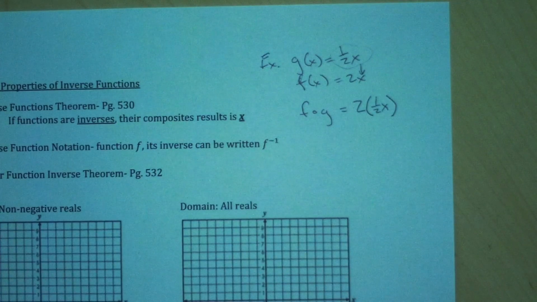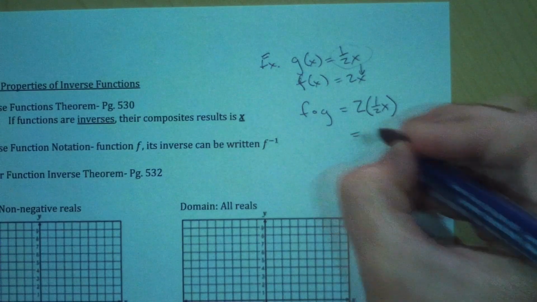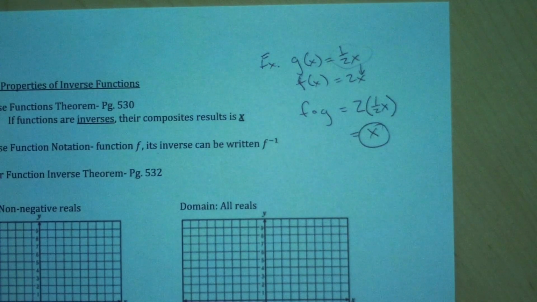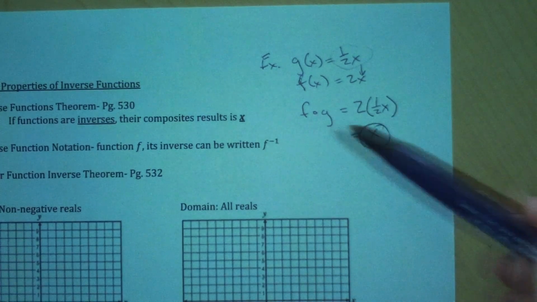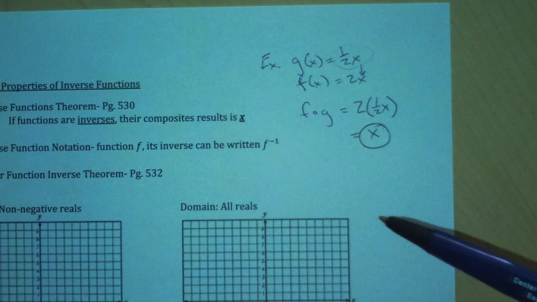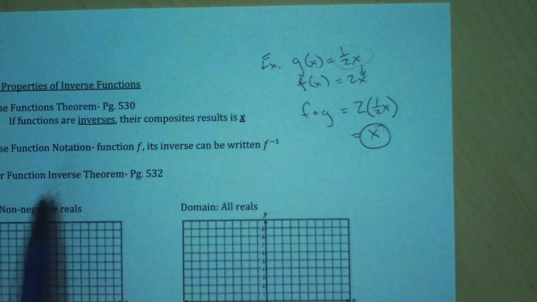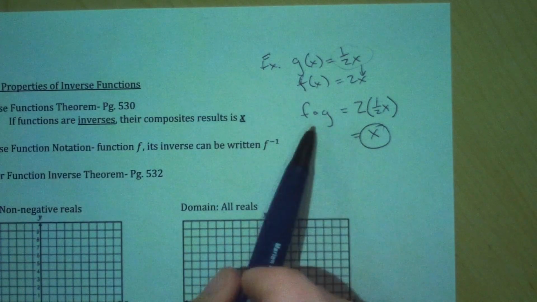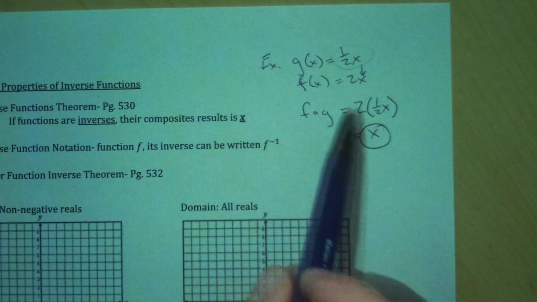So if it's 1 and it has an x, isn't that just x? Yeah, so if that kicks out an x when I do that fog-gof stuff, would those be inverses? They would be, right? Because that's what that's saying there. If you take those two values and do them as a composite, either the fog or the gof, and you simplify and it comes all the way down to x, then they're inverses of each other. Okay, that's all that one's saying.